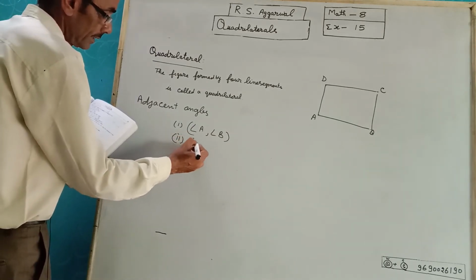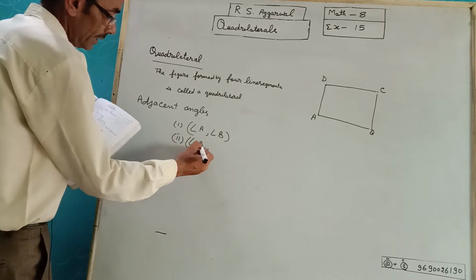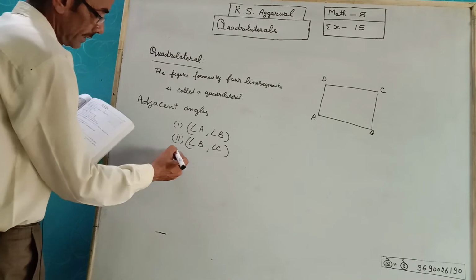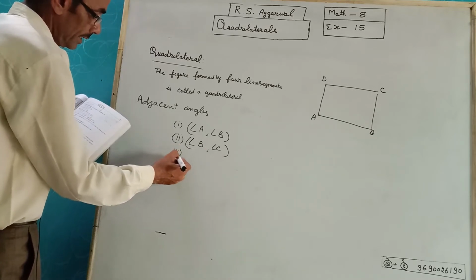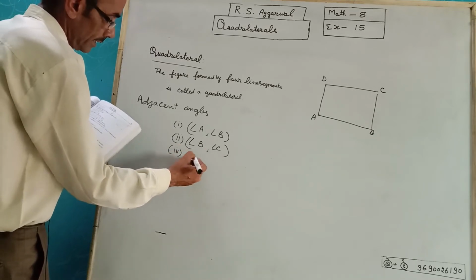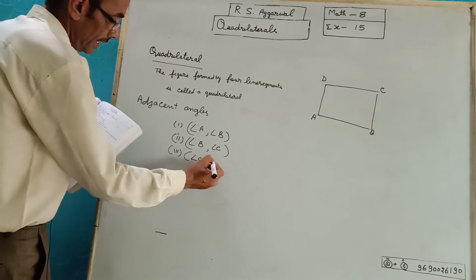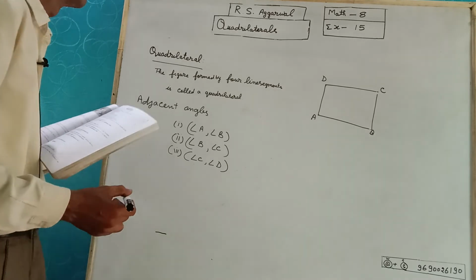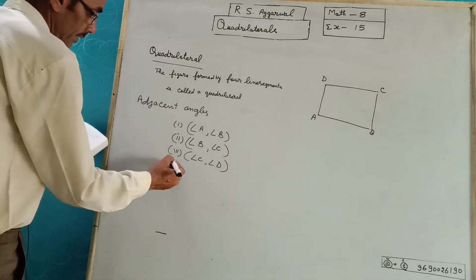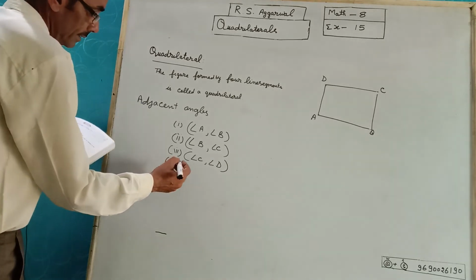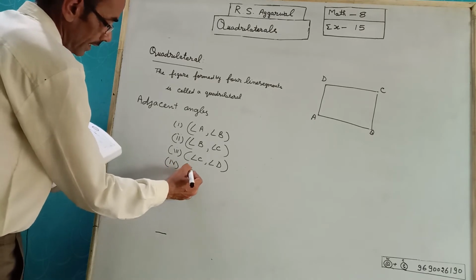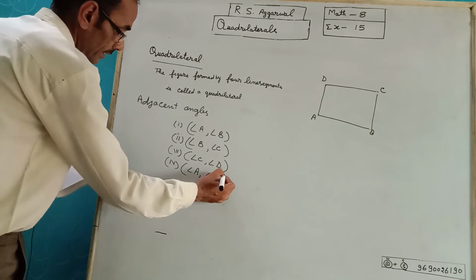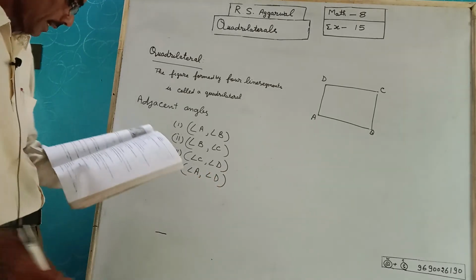Second is angle B and angle C. Third pair is angle C and angle D. We call them adjacent angles. Fourth pair is angle A and angle D, called adjacent angles.